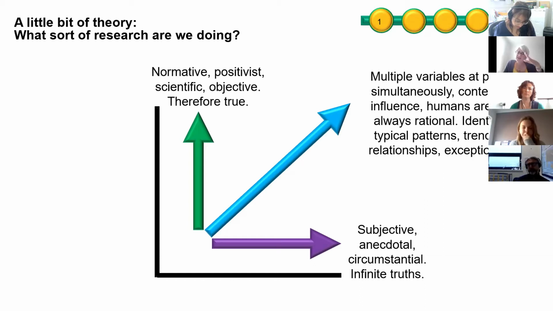But I think our research is somewhere between those, a bit of a mix, the blue arrow going diagonally, where in FE, in education, there are multiple variables coming into play simultaneously that influence a learner's behaviour or a learner's response, or how a group interacts and so on.